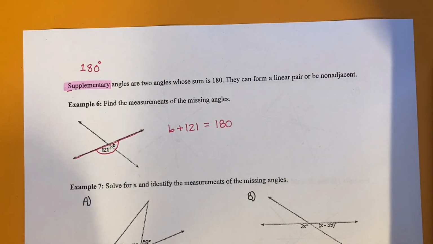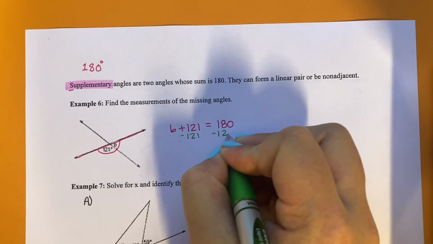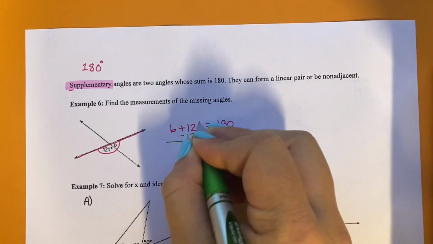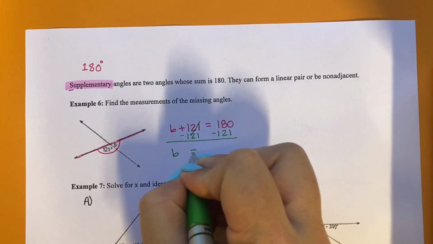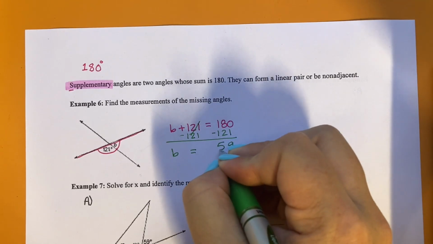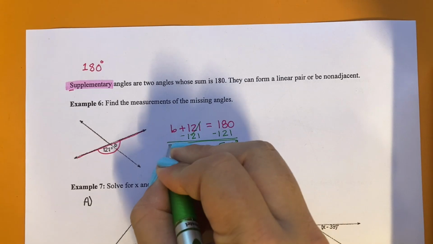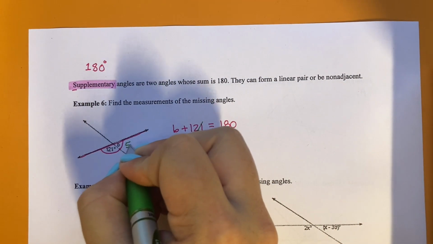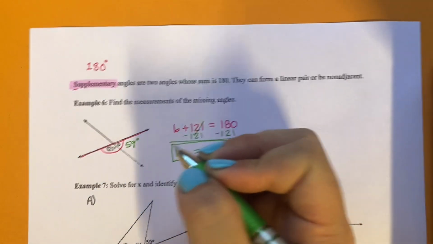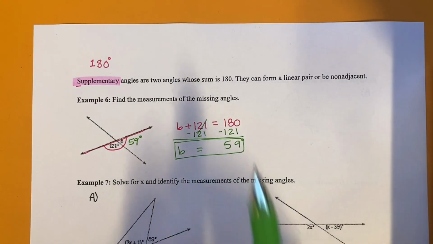We then are going to subtract the 121. B equals 59, which means this angle is 59 degrees. And together they make 180.